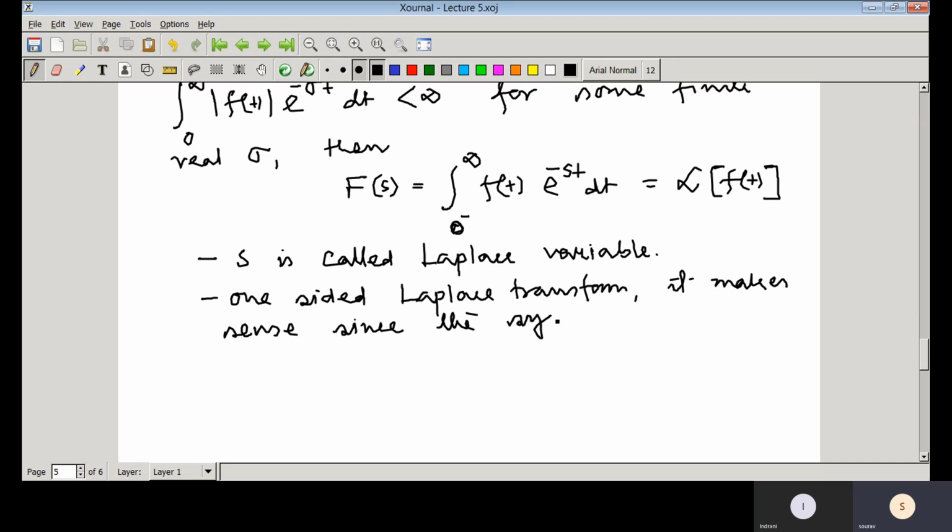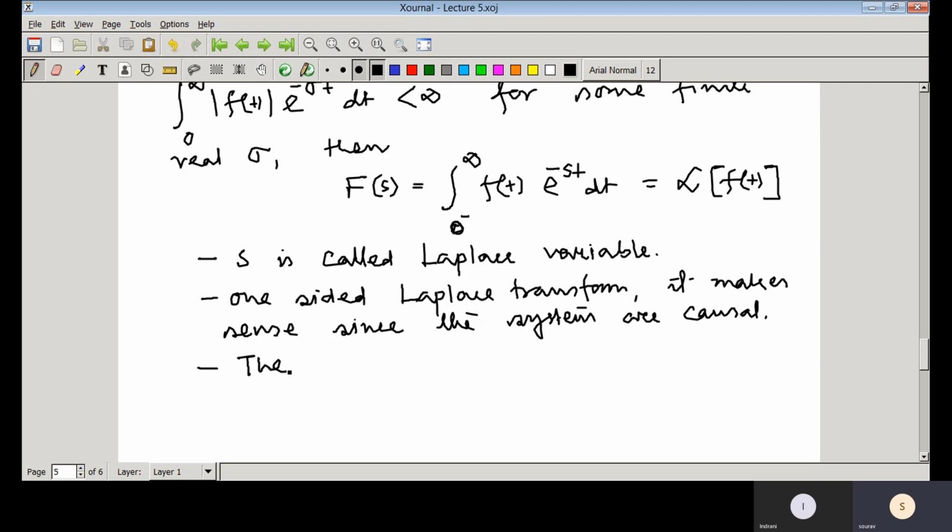Since the systems are causal, I think you all know that what is causal systems. It depends on that present and the past. It does not depend on future.